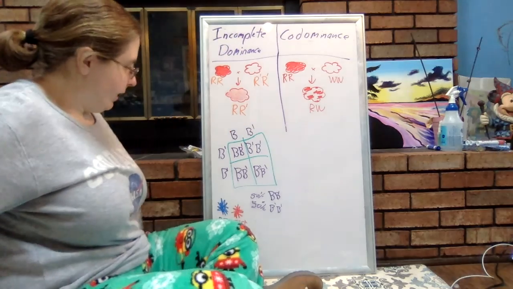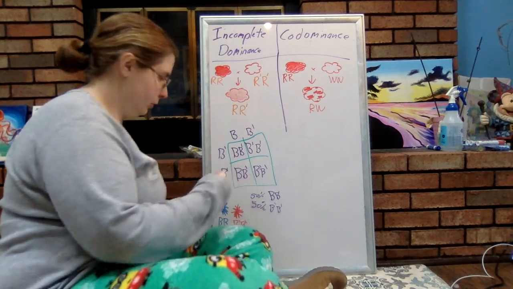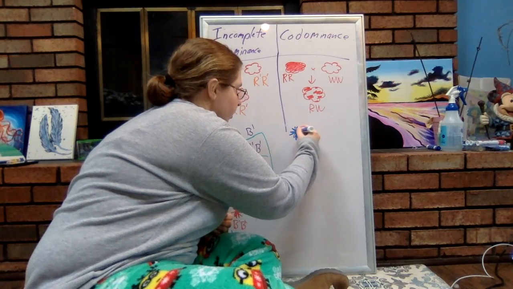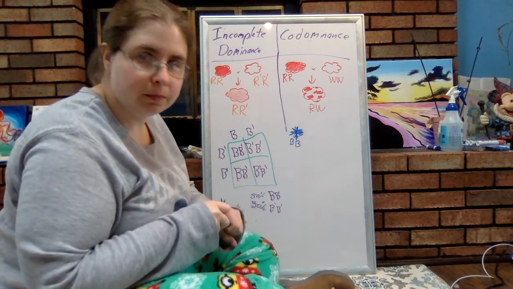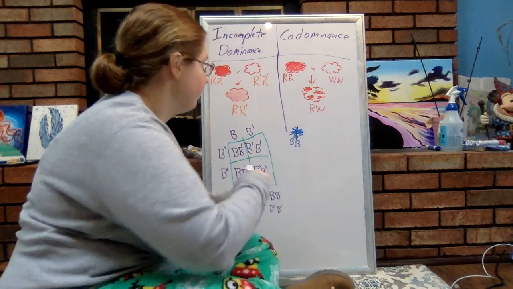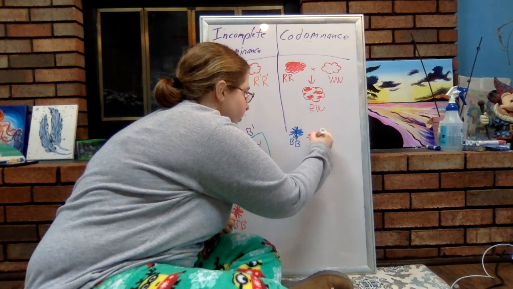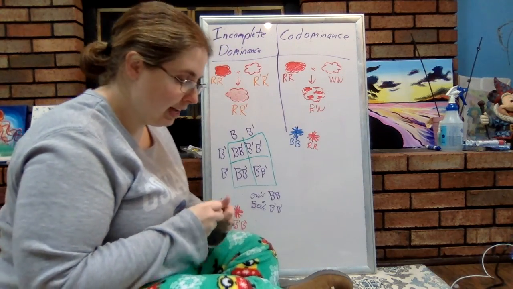So let's go back and do some examples. We're going to continue on using our little aliens. BB, they're blue. RR, they're red.